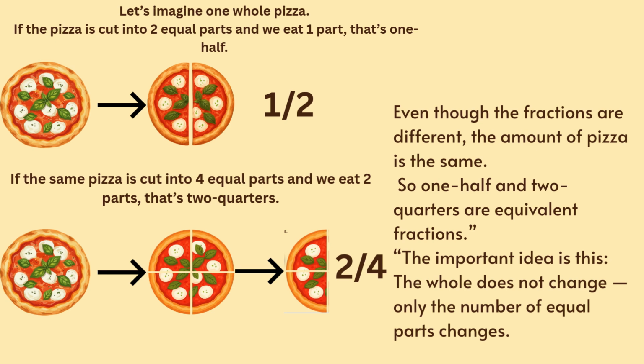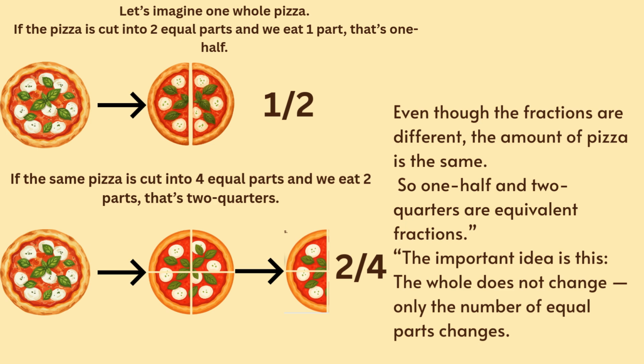If the same pizza is cut into four equal parts and we eat two parts, that's two quarters. If you look here, even though the fractions are different, the amount of pizza is the same. So one half and two quarters are equivalent fractions.